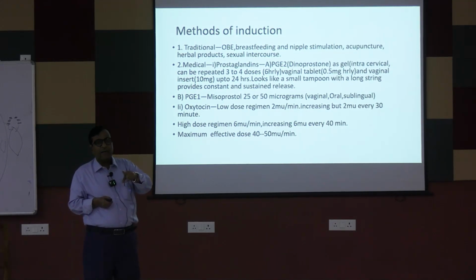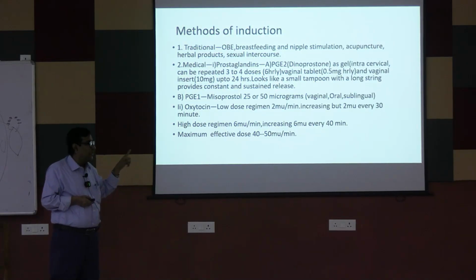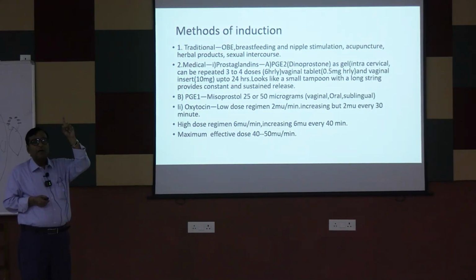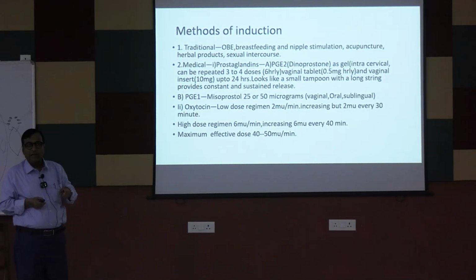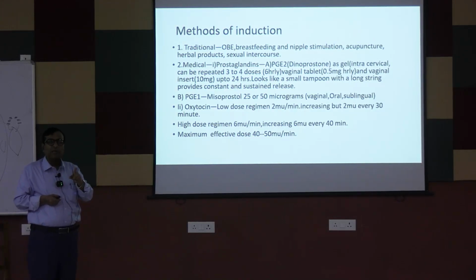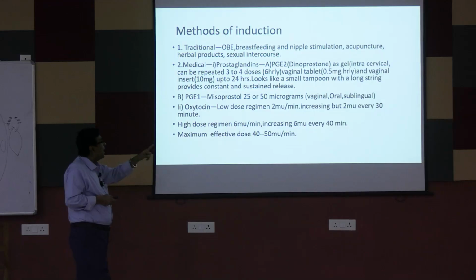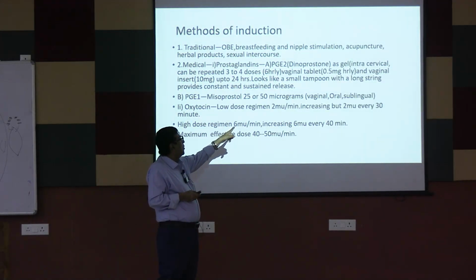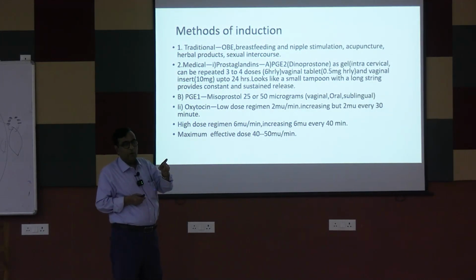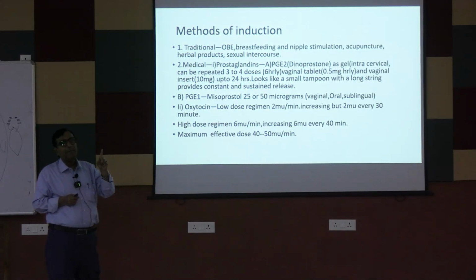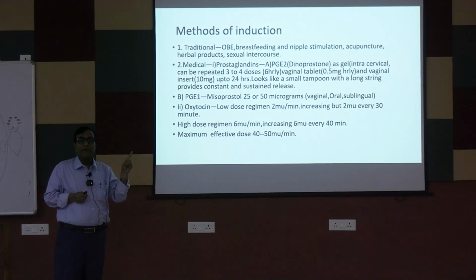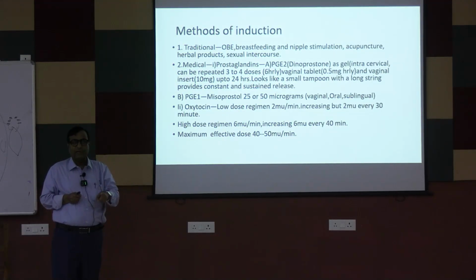In a 500 ml bottle, if you give 1 unit, it becomes 2 unit in 1000 ml, which is 1 liter. Sorry, if you give 1 unit in 500 ml, it becomes 2 unit in 1000 milliliter.